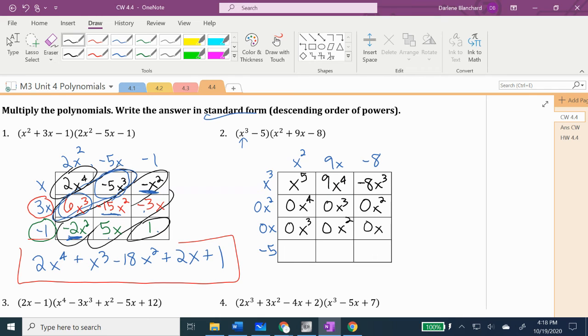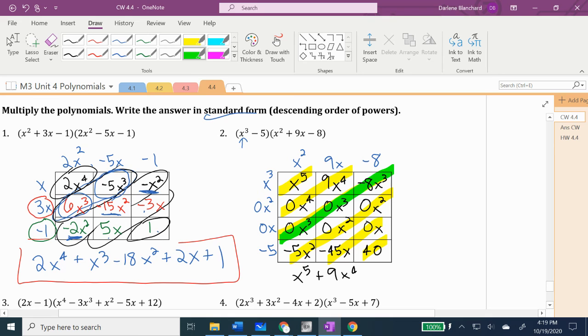And now the last row. Negative 5 times x squared, negative 5 times 9x, and negative 5 times negative 8. And then I'm going to go through and add my diagonals. And that is going to give me x to the fifth plus 9x to the fourth.